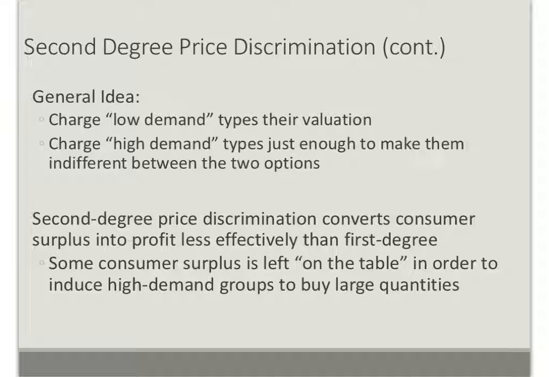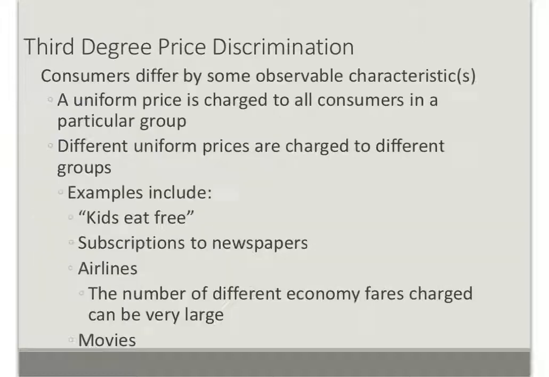It's not as good as first degree, where we're charging everyone their own unique price. And you saw that by the difference between the $1,300 they would make by charging everyone their own price if they can identify who is who, versus getting $300 plus $899 from charging the low types their value, and then the high types, and by low and high we're talking value types, just slightly less than what would make them indifferent.